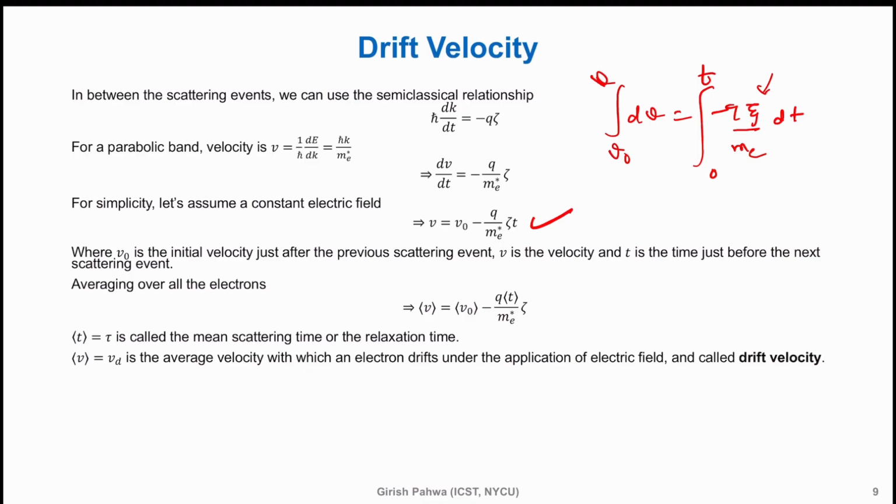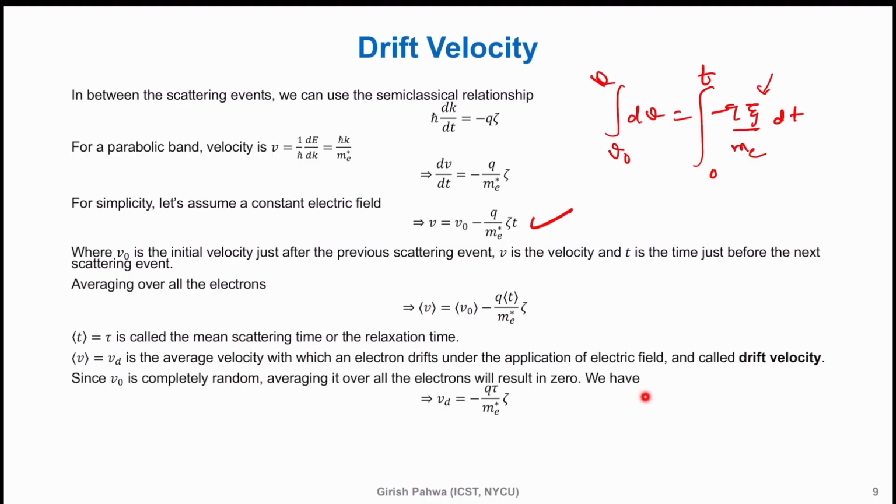So what is the drift velocity? It comes out to be Vd equals minus q tau by m times the electric field. So V is equal to some constant times electric field, and this q tau by m is called the mobility of the electron. Mobility determines how easy it is for an electron or a hole to move in an electric field.